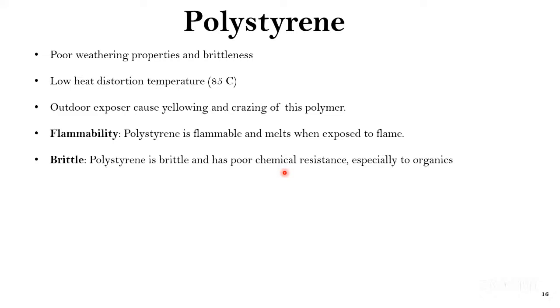Especially organic solvents like acetone, isopropanol, alcohol: if those fall upon your polystyrene, all of it will melt. And flammability: polystyrene is flammable and melts when exposed to flame. That is the reason you can find a grade known as flame retardant polystyrene, or FRPS in short form.